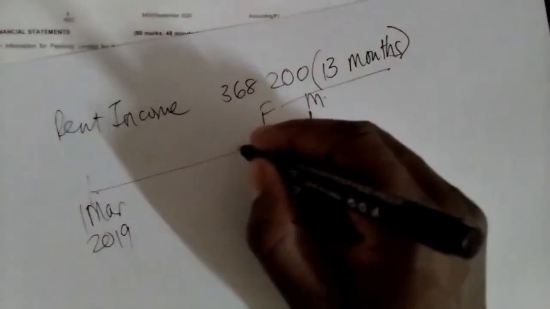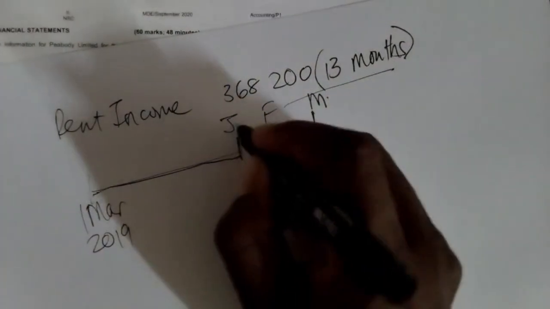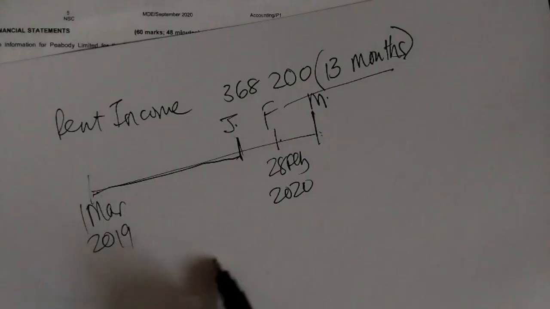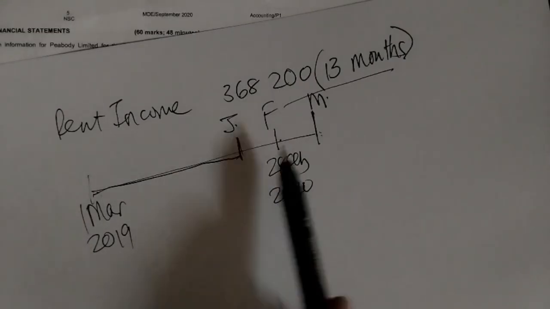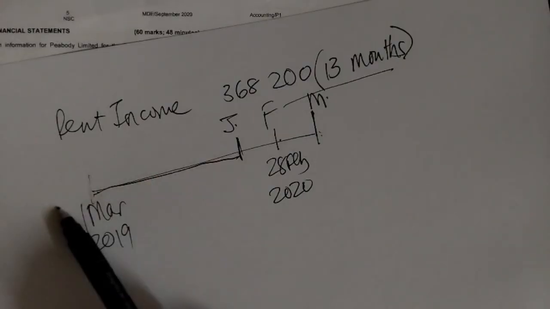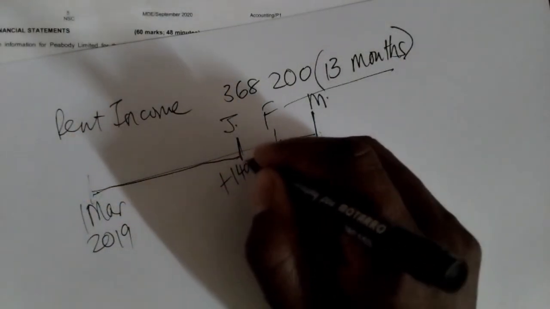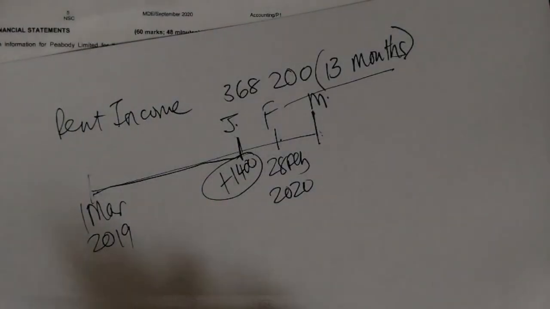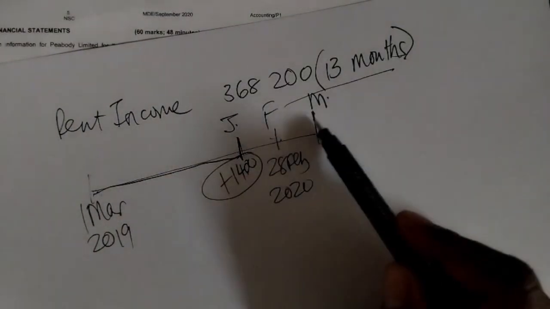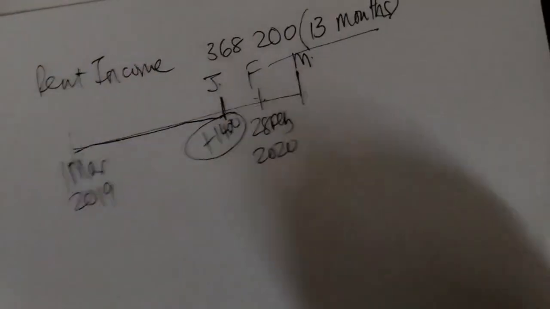That's number one. Problem number two, the rent was the same throughout until we got to January. So the rent in January, February, and March is different from the rent in the previous months. The rent from January is now plus 1,400, so there's a plus 1.4, plus 1.4, plus 1.4. There's a 1.4 that has been added to the rent from January onwards.